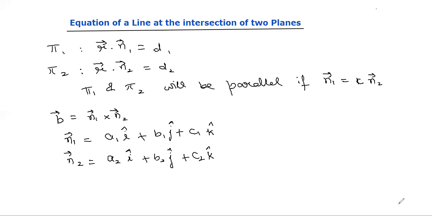For example, suppose we have two planes with Cartesian equations x minus y plus 2z equals 5. This is the equation of the first plane, while the equation of the second plane is, suppose, 2x plus y minus 3z equals 10.